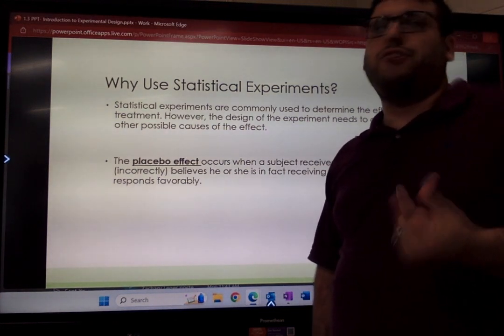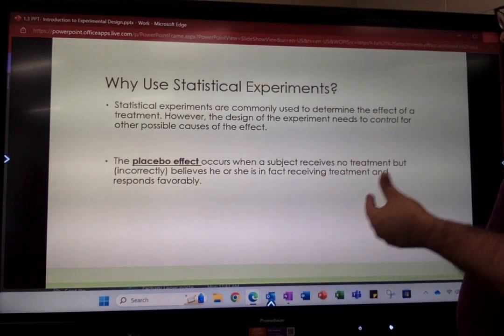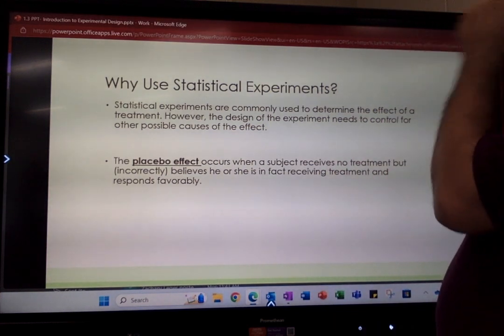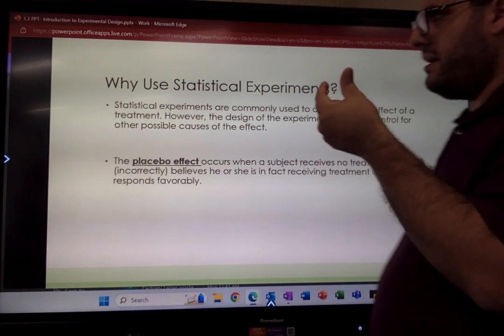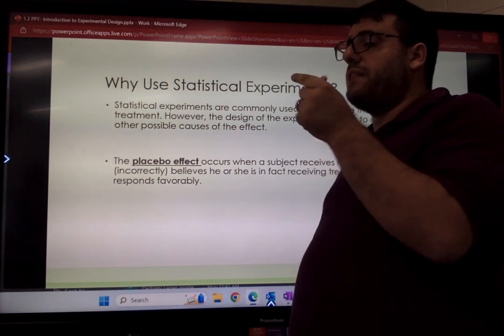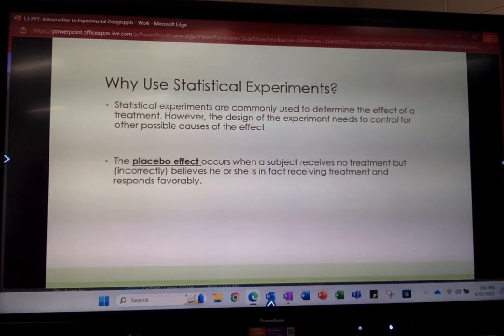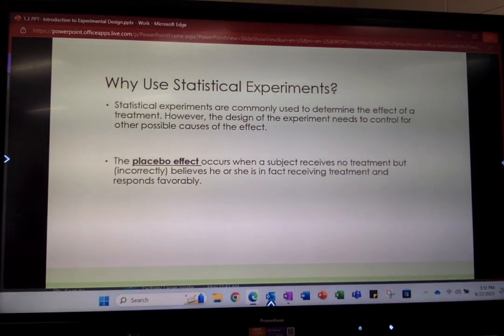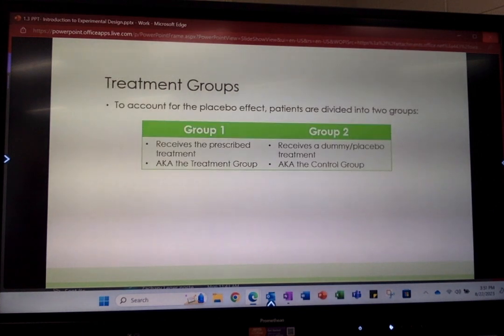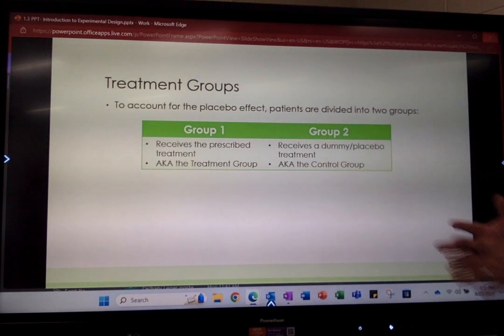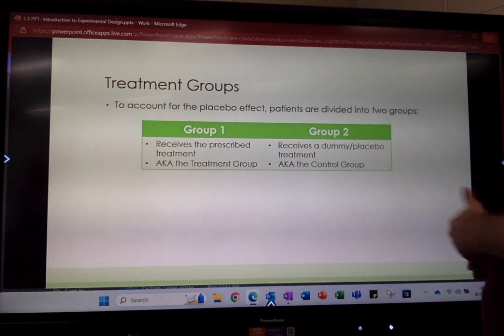They maybe receive like a sugar pill or something like that. But in their minds, they think they're getting the actual medicine. So the subject receives no treatment, but they believe incorrectly that they're receiving the treatment. And you're looking for that favorable response. Okay? So again, to account for the placebo effect, patients are divided into two groups.